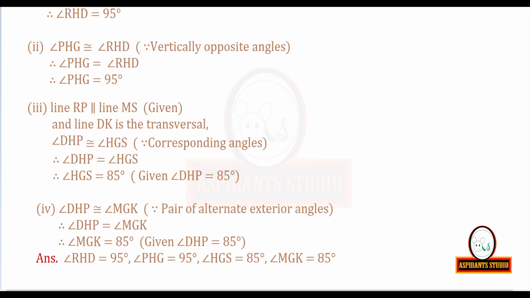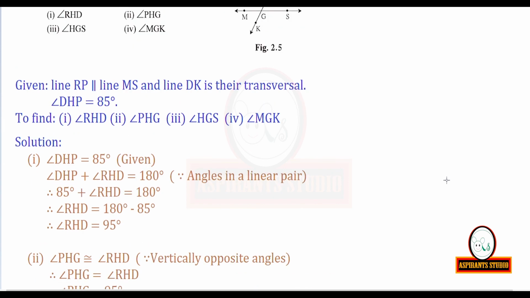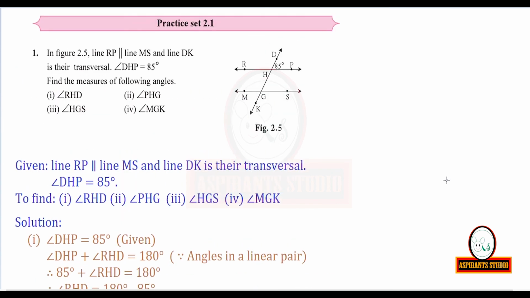You have to write all the four answers. Measure of angle RHD is equal to 95 degrees. We have found out. So write that. In the question you are asked to find out measure of angle RHD, measure of angle PHG, measure of angle HGS and measure of angle MGK. So when you write the answer also, you have to write of the same pattern.